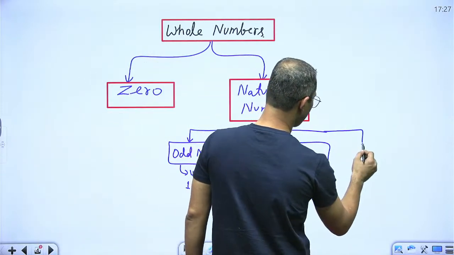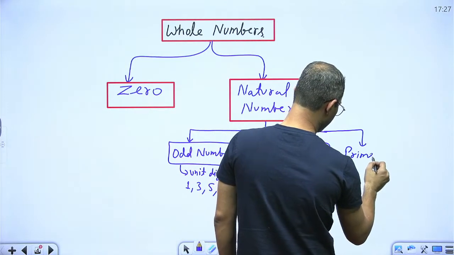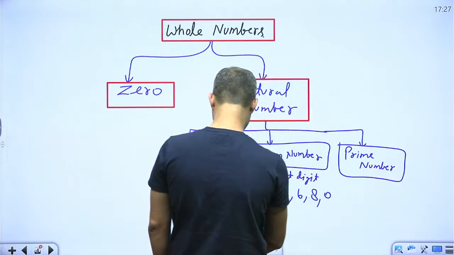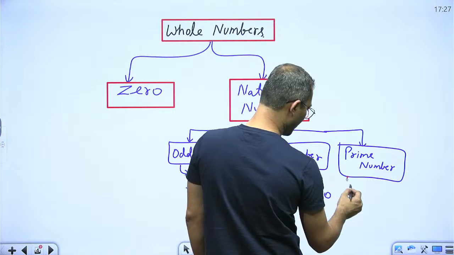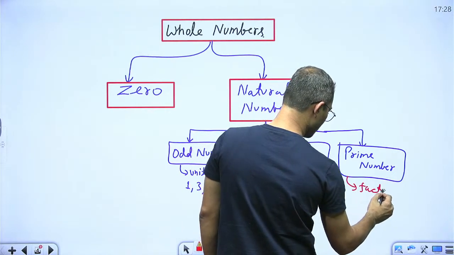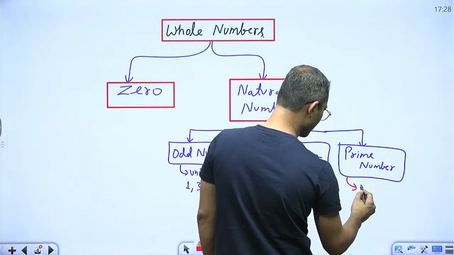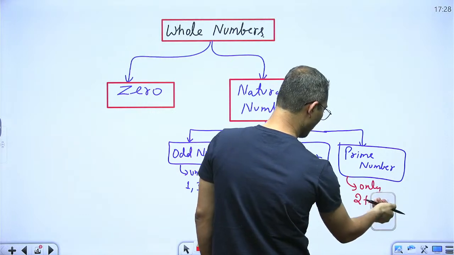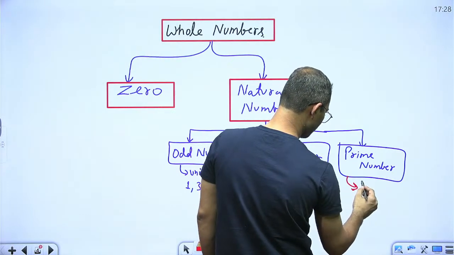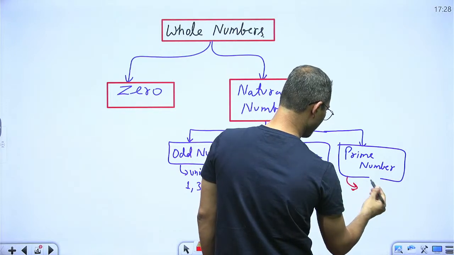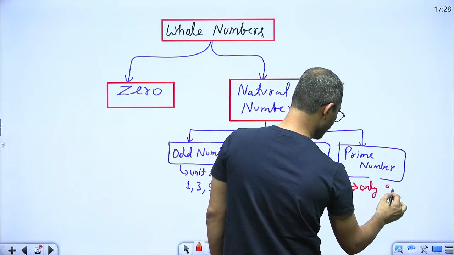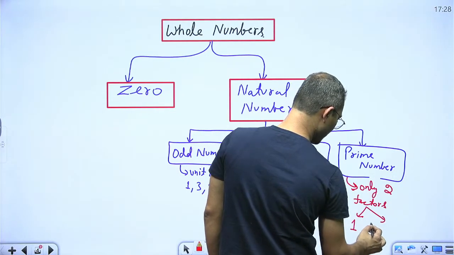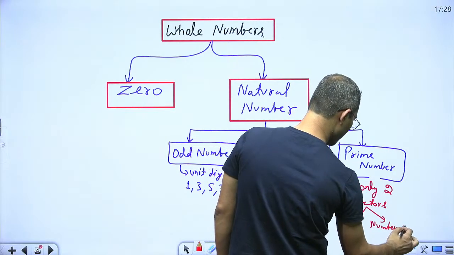So we have prime numbers. Prime numbers are those numbers which have only two factors, one is 1 and the other is the number itself.